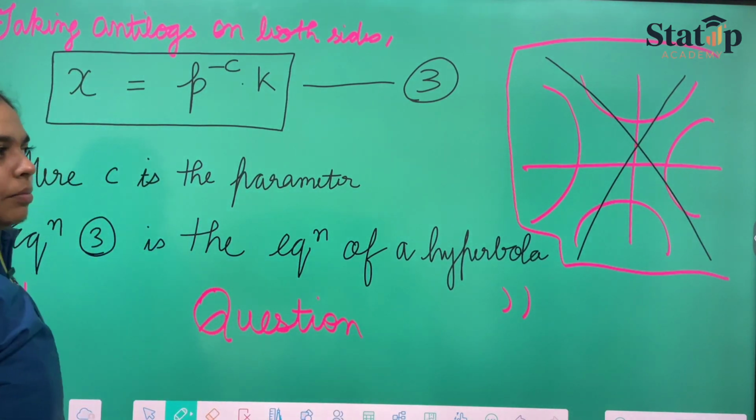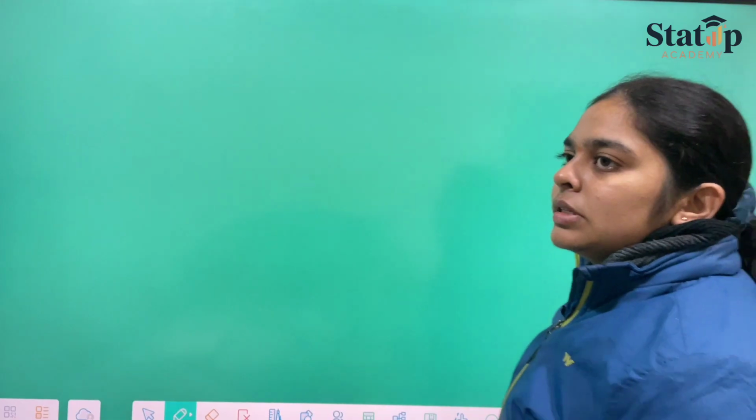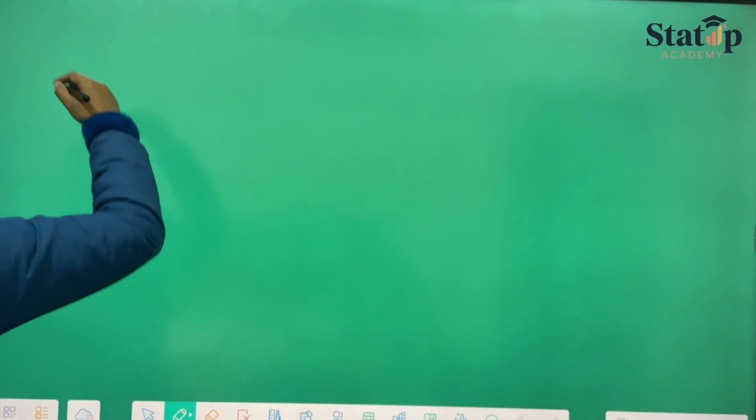Now starting with part 2 of our question. Part 2 says, what happens if our constant is 1, meaning price elasticity of demand is 1.